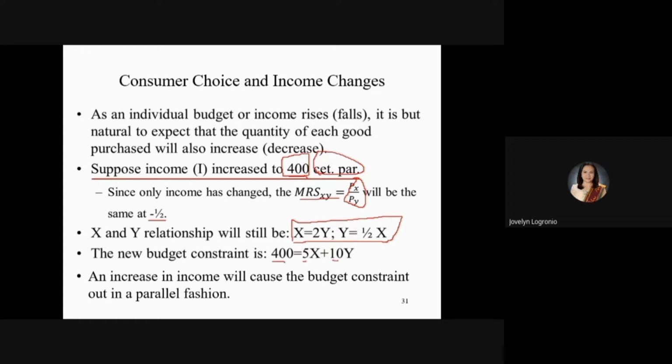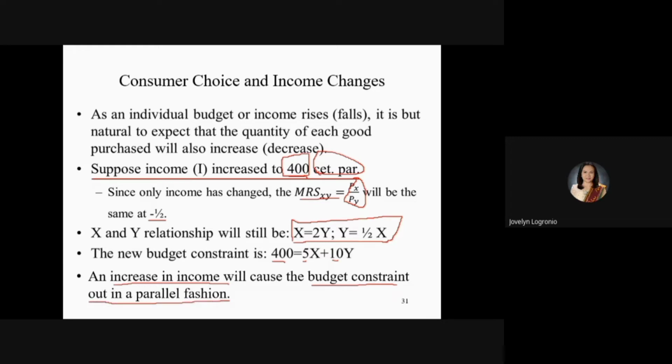So, what will happen if the income of the consumer changes? There are two situations that can occur, right? The budget line can either shift or rotate. So, since income is what changed, the budget constraint line will shift.